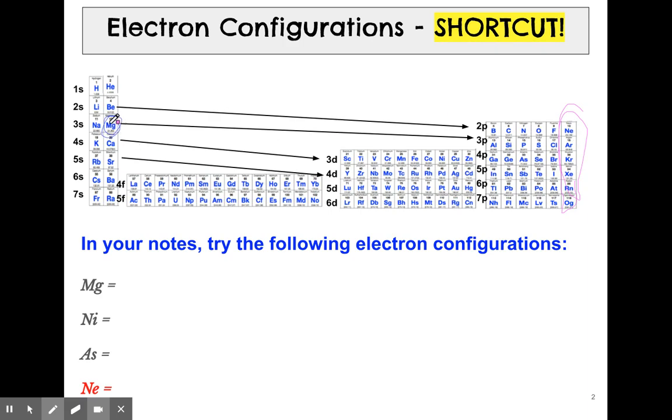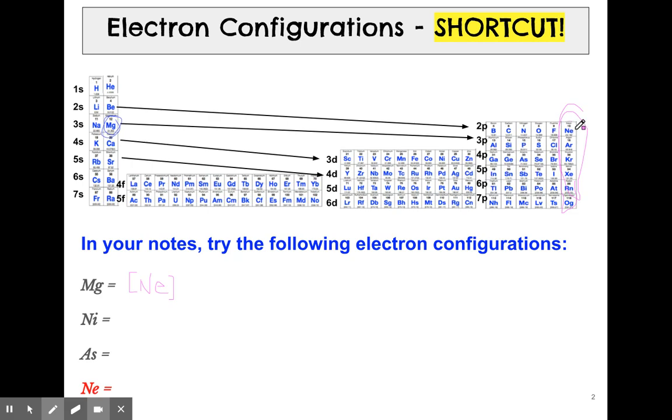So if magnesium is number 12, the noble gas just before that would be neon, which is number 10. So neon has a full outer energy level. So to start, we would write the symbol for neon in brackets. So this, you would write the noble gas in brackets instead of 1s2, 2s2, 2p6. That would encompass that entire piece because neon ends in 2p6.